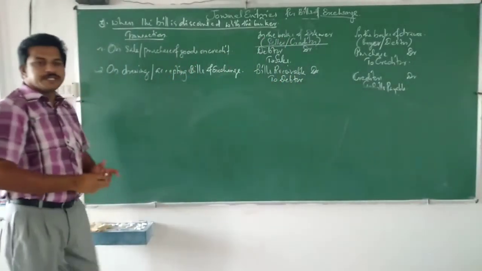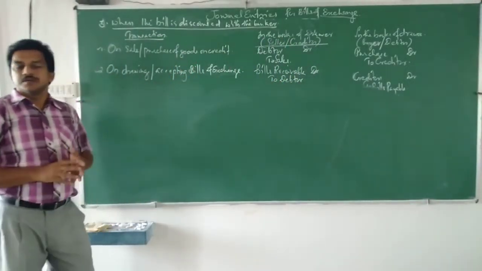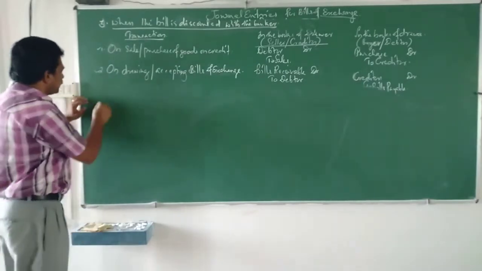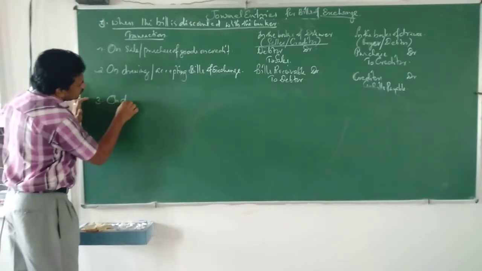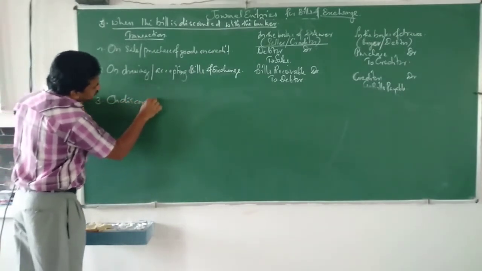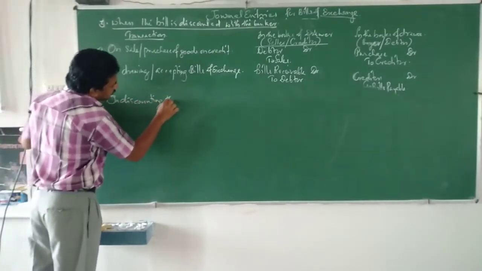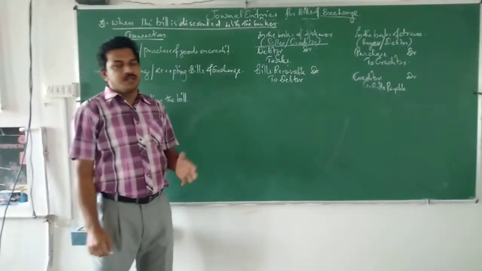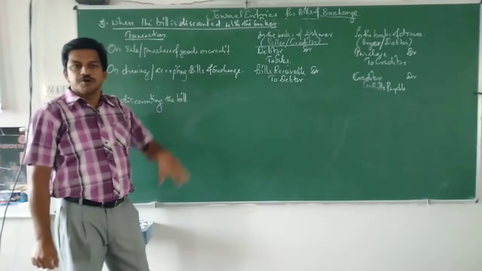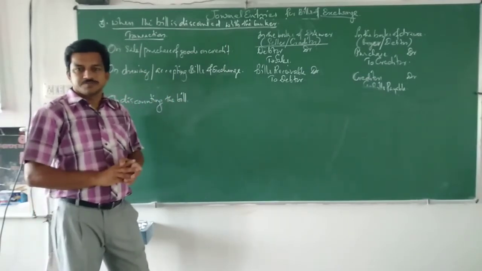What is the third journal entry? He is discounting the bill. So third we write on discounting the bill. What will be the journal entry on discounting the bill? So in the books of the drawer, what he will write?